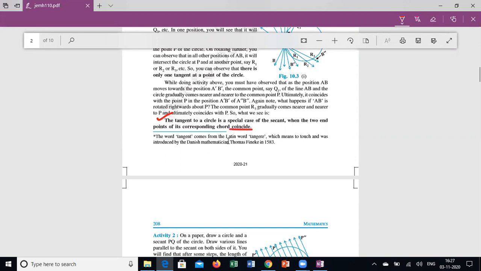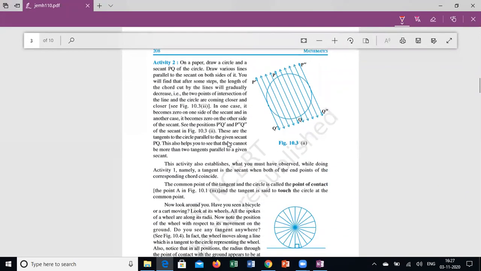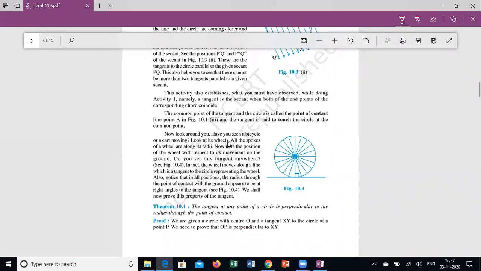Or you can say a line which will intersect the circle only at one point, or a ray. Diameter is also a part of the secant which will pass through the center. The longest chord of the circle is called diameter. The least chord will occur only for the case of tangent, and the least chord length is 0. The maximum chord length is the diameter. I think all these basic things we got in grade 9, correct?